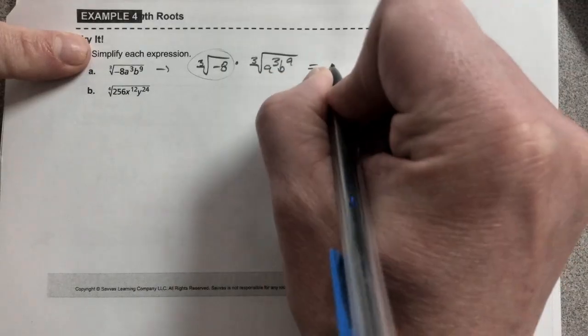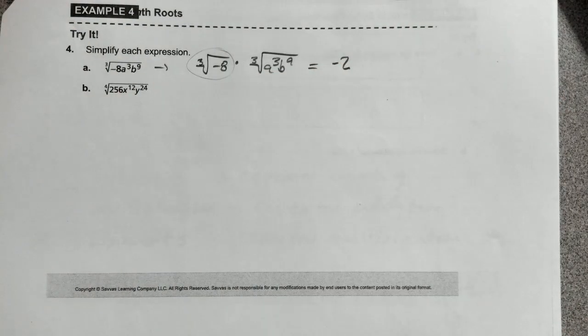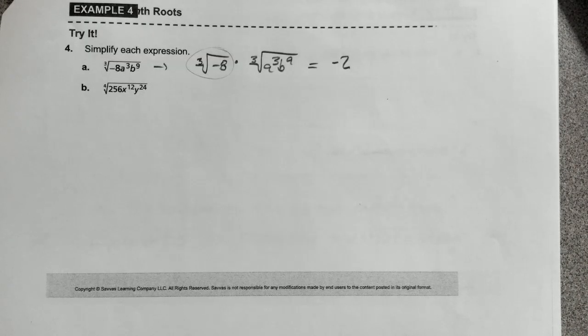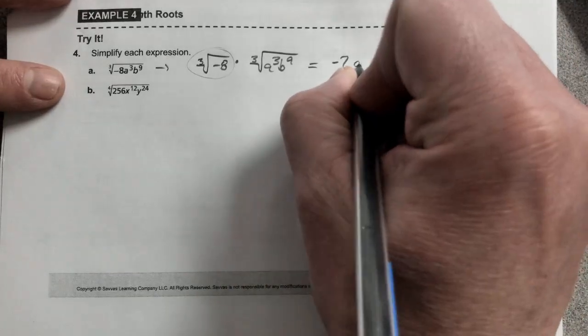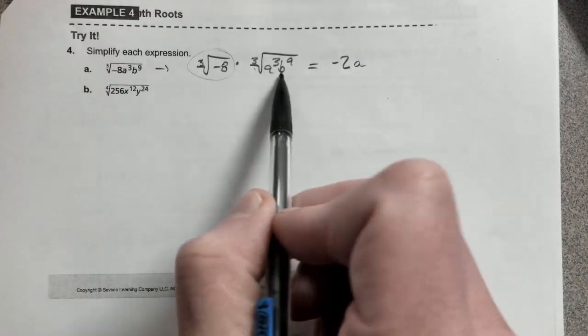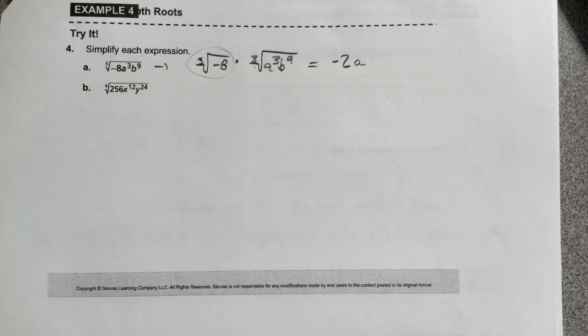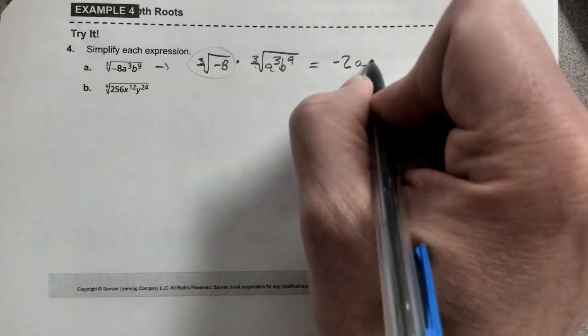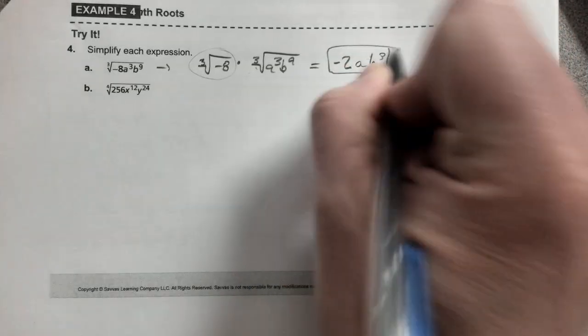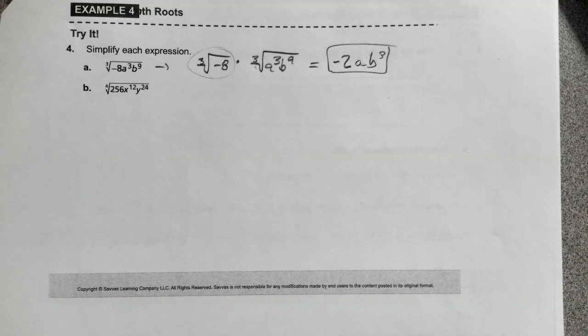So that produces -2. What's the cube root of a to the 3rd? A to the 1st. Yep, good job. And the cube root of b to the 9th? B to the 3rd. And we're good to go.